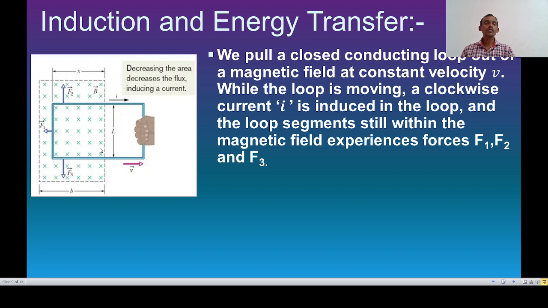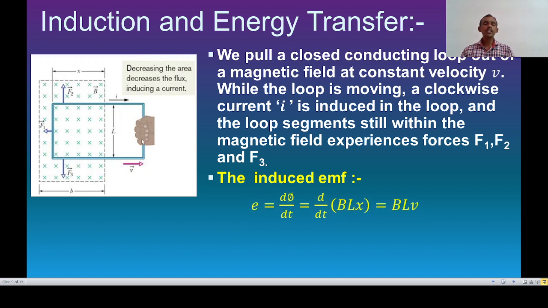Now, to continue to pull this loop towards the right, or away out of the magnetic field B, this force F1, the magnetic force, is balanced by the external force F. First of all, we have to calculate the induced EMF. The induced EMF in this loop due to the pulling process, or the motion of this loop towards the right, is equal to d phi by dt.